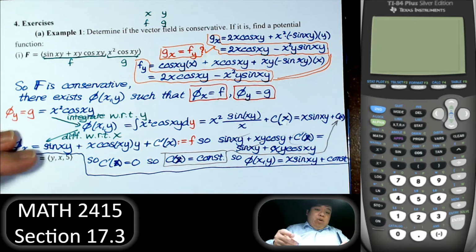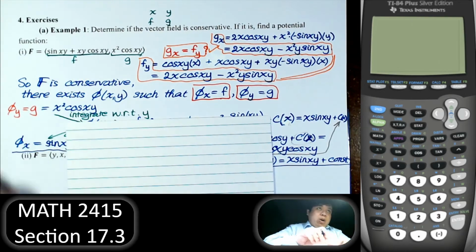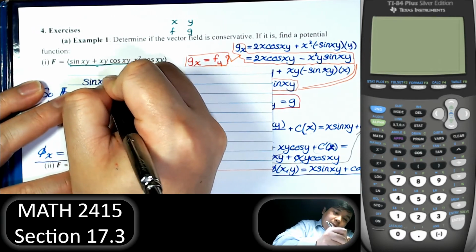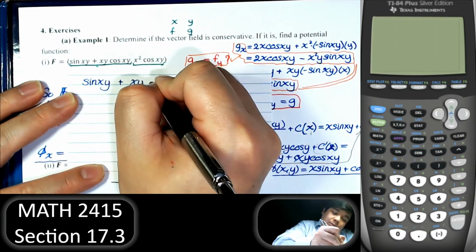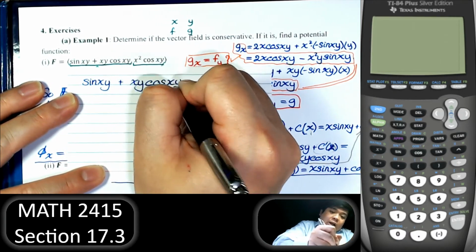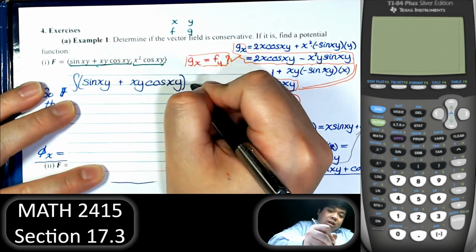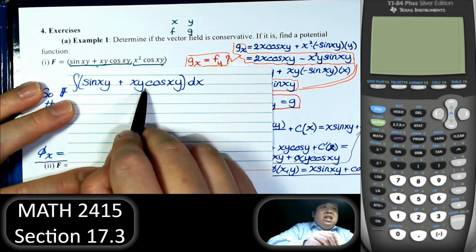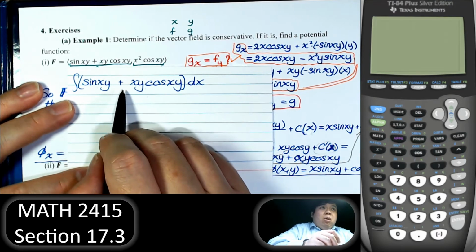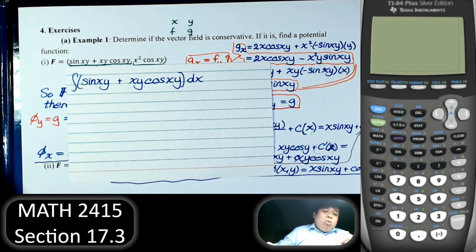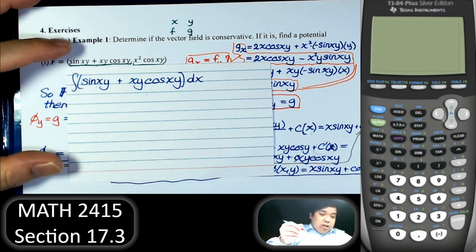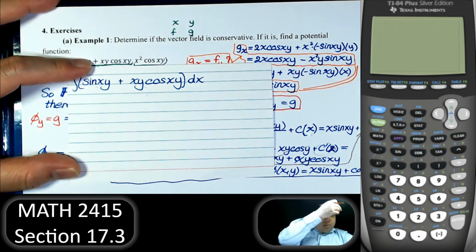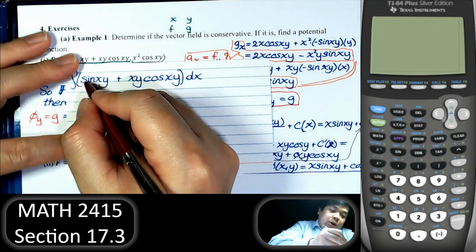By the way, if you have to integrate this with respect to x, we can split it and then integrate that. But this is integration by parts, so kind of complicated. So what we'll see here is, actually, we consider this sine of xy.